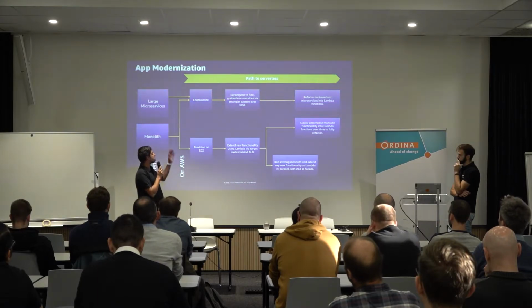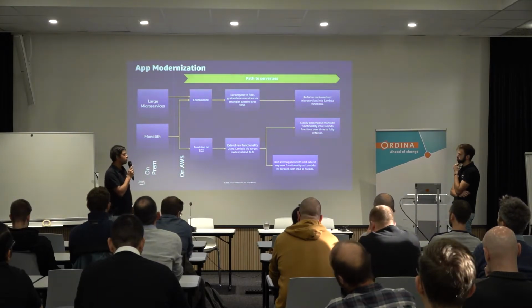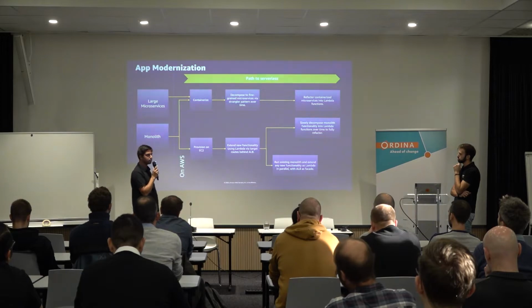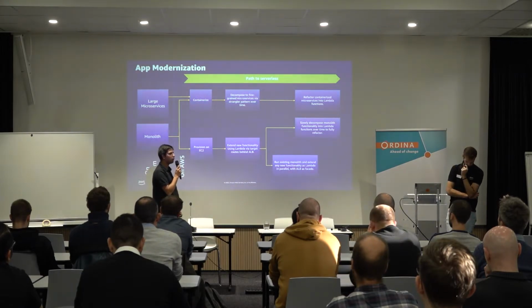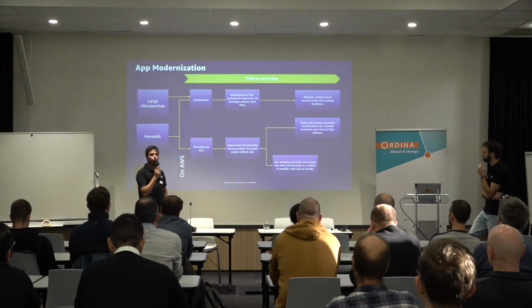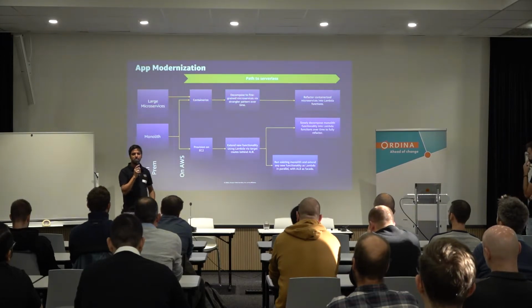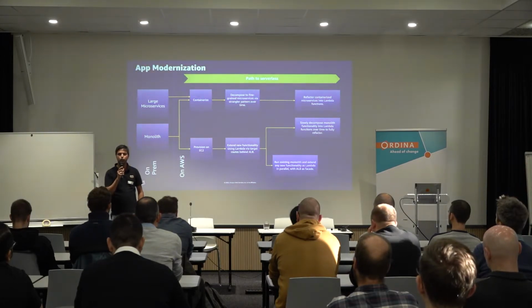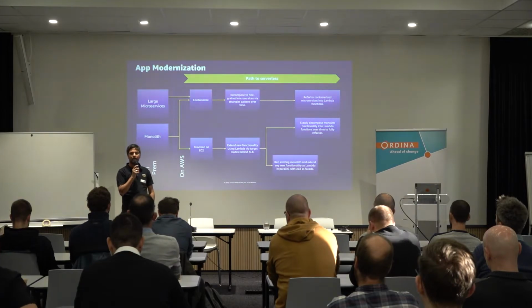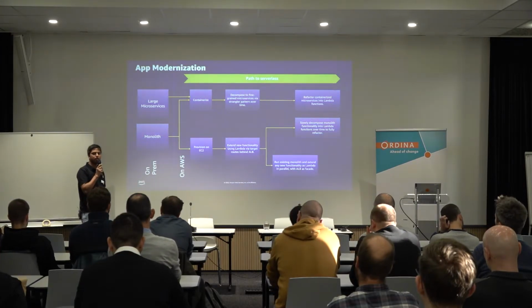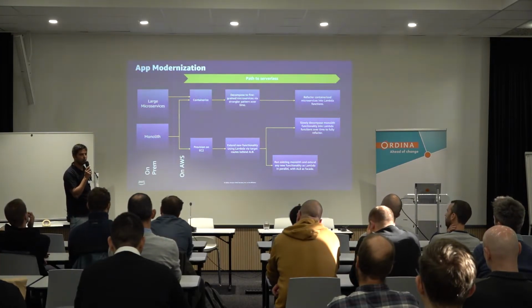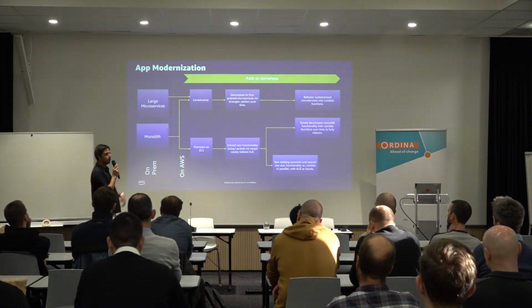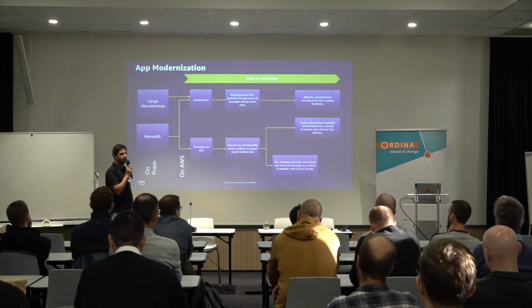From there, let's get back to our first migration path. You have containerized the app. From there, you start to build new features in the serverless way, and you continue to decompose the app as well. And that is where the Strangler pattern comes into play. But I'll not go too deep into it. Federico will cover that in a bit more detail.